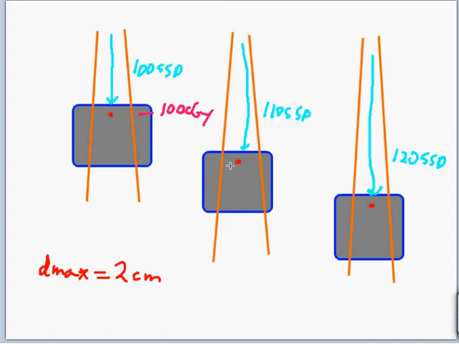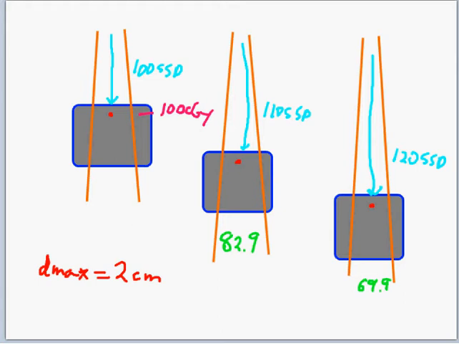And I'm going to measure what I get at these different SSDs. Just as a reminder, if it followed inverse square, we'd expect a dose of about 82.9 centigray at 110 SSD and about 69.9 centigray at 120 SSD.